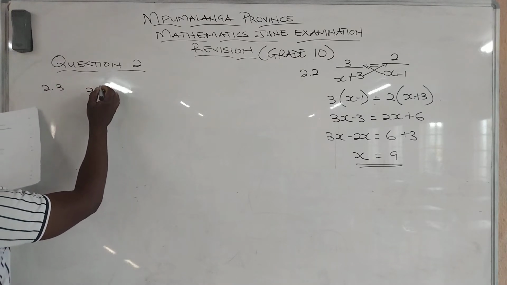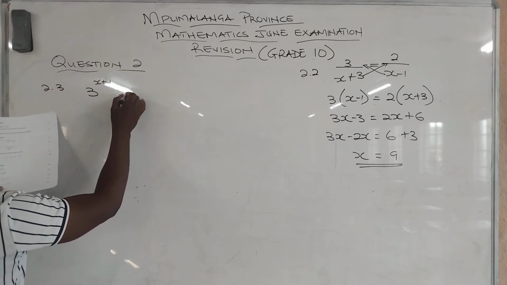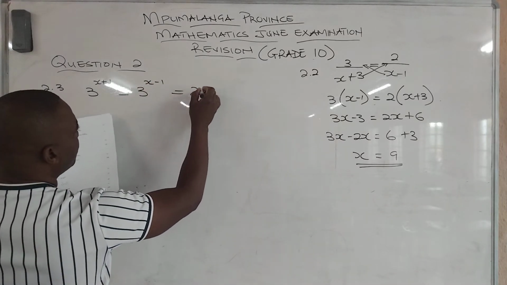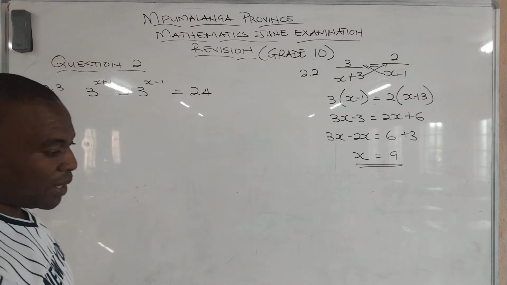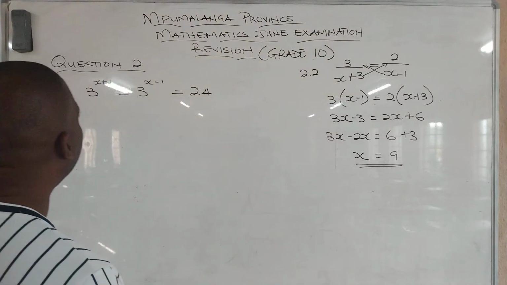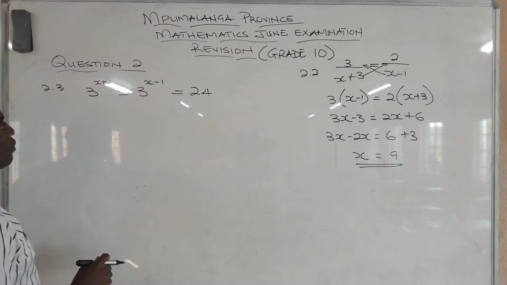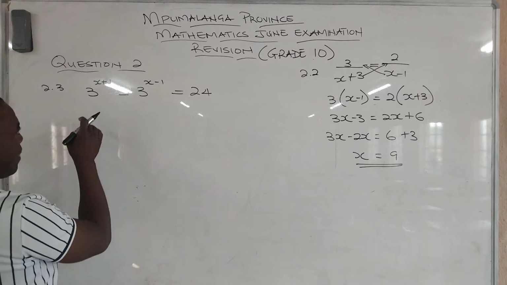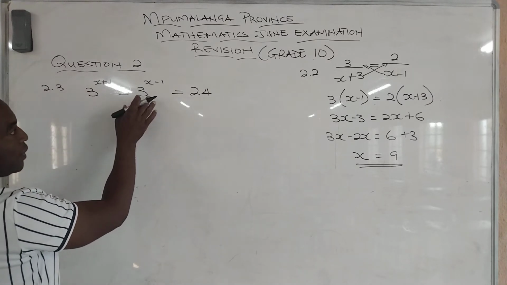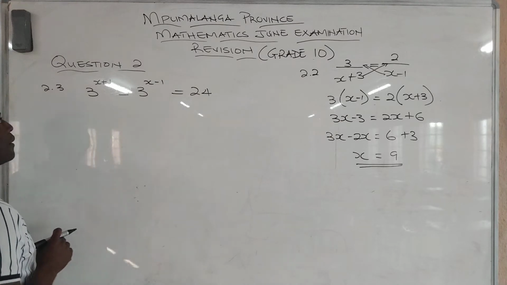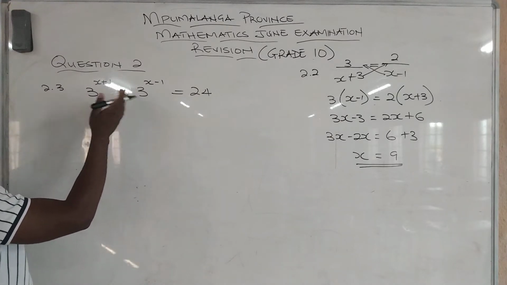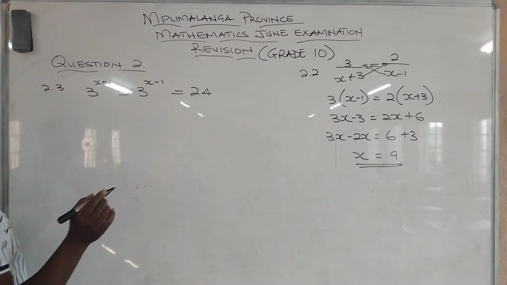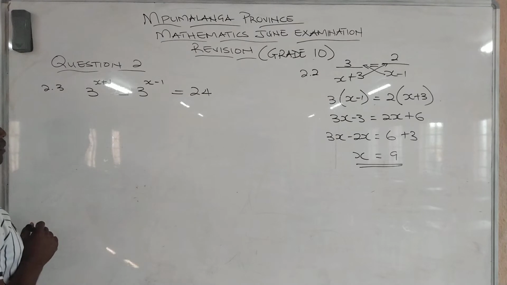We are given 3 to the power x plus 1 minus 3 to the power x minus 1 which is equal to 24. And you are being asked to solve this equation. So what we need to do here, we need to split this power and we also split this power, because we already see that if we split, we'll have 3 to the power x that will be common, so it will assist us in solving this equation.